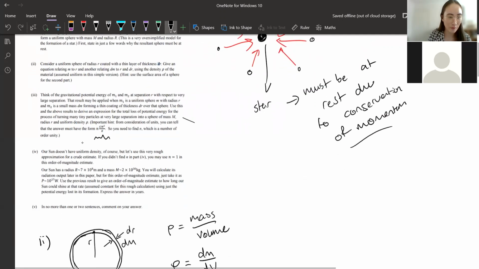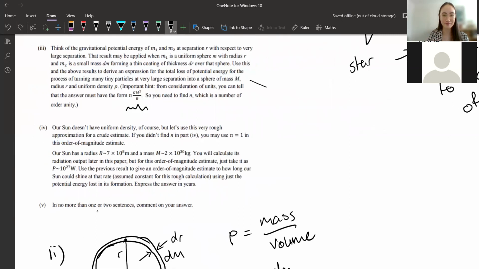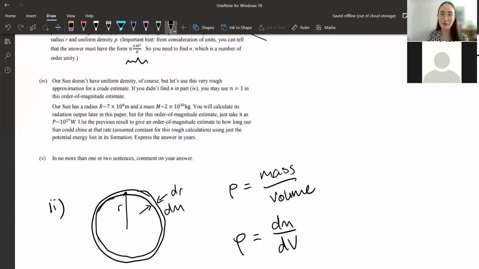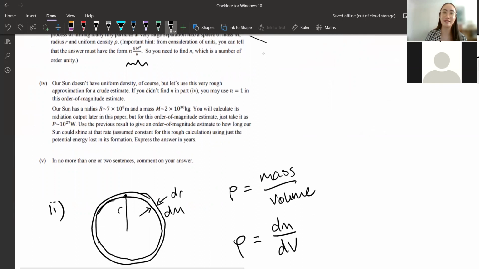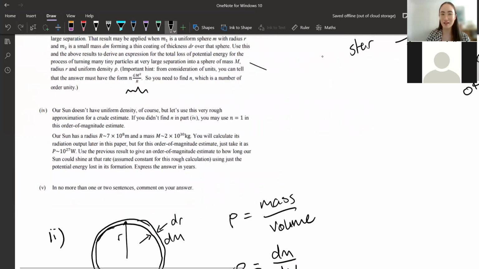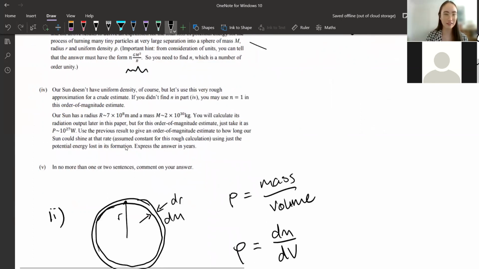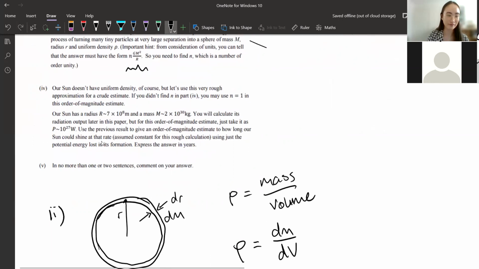All right, part 4. Our sun doesn't have a uniform density, of course, but let's use this as a very rough approximation for a crude estimate. And they've given you a value of n you can use just in case you were running out of time and you're like, I can't figure out this question. So you just put in a dummy value and you'll get it correct from previous answer.